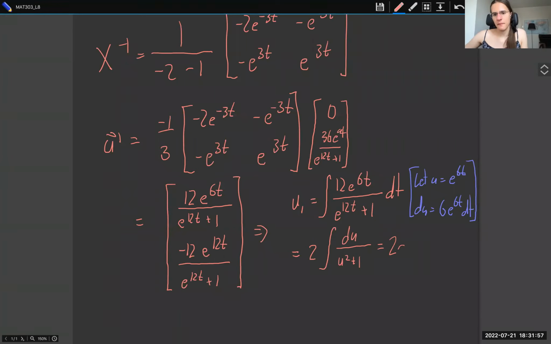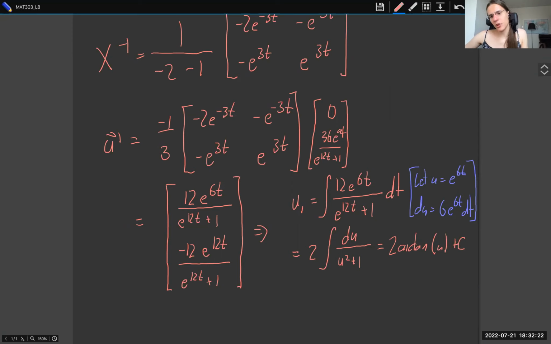Arctan. Ooh. So arcsine is 1 over square root of x squared plus 1. Arctan doesn't have the square root. That's the difference.